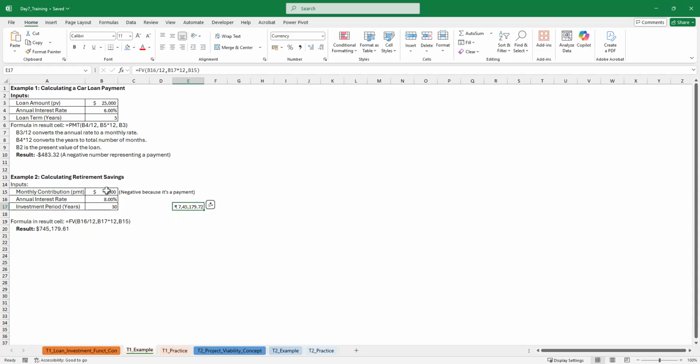So this is the amount that you would be getting at the end of 30 years. Let us see how much interest we will be getting on our investment. How much money are we investing, which is 500 monthly for the period of 30 years.